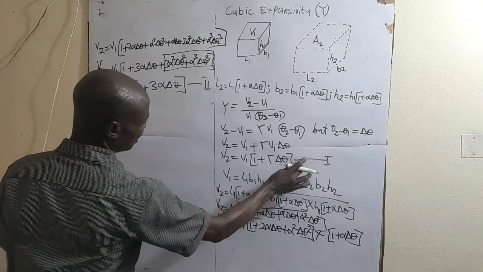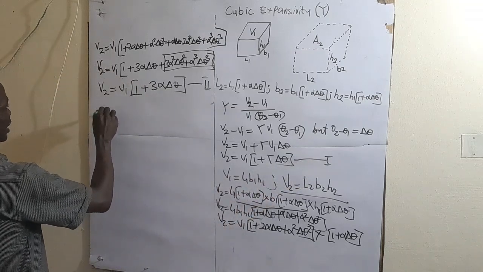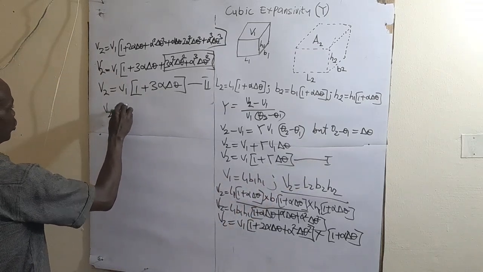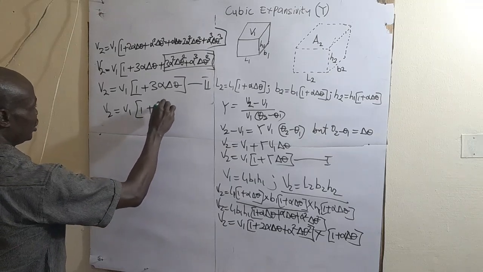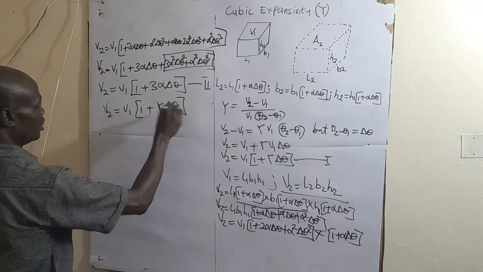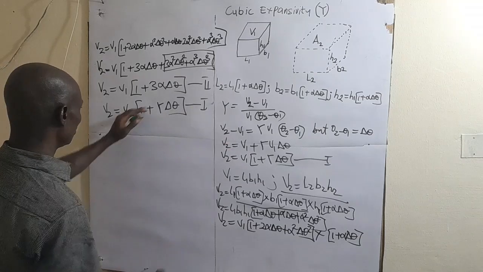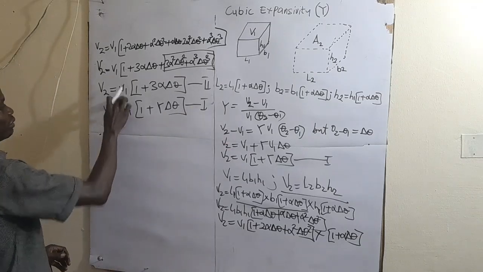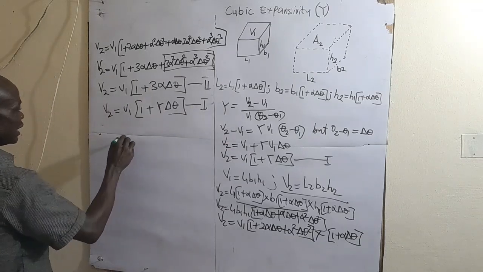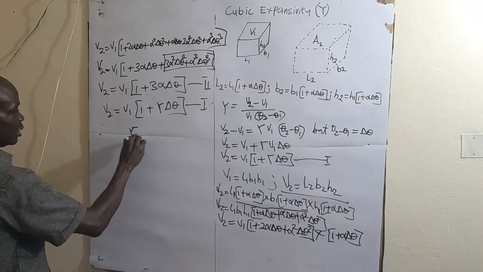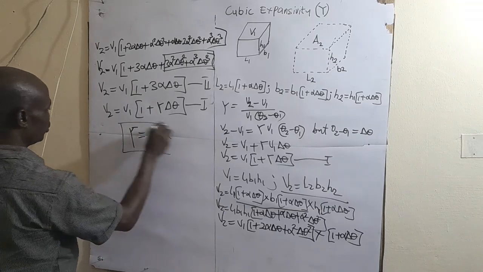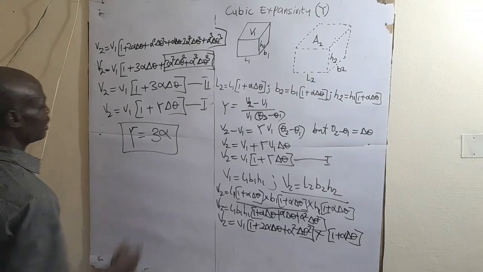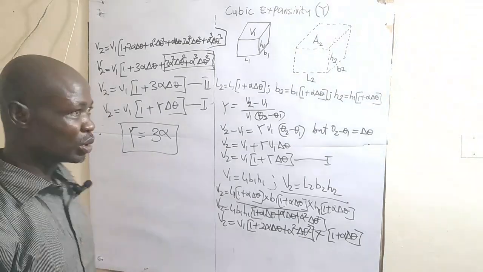Relating that with V2 equal to V1 bracket 1 plus gamma change in theta, which is our equation 1, we can see that gamma is equal to 3 alpha. So cubic expansivity is equal to 3 times linear expansivity.